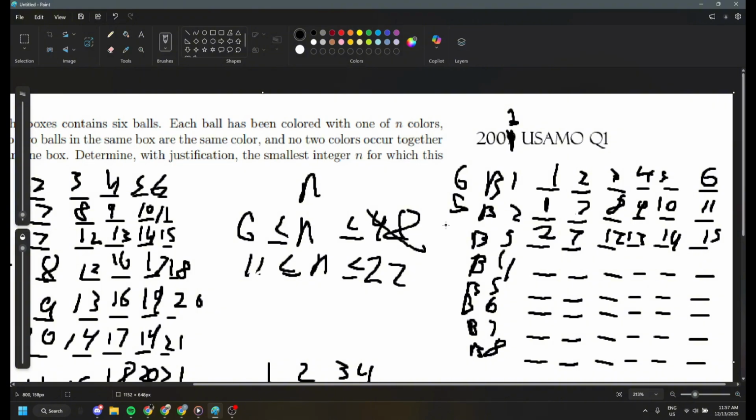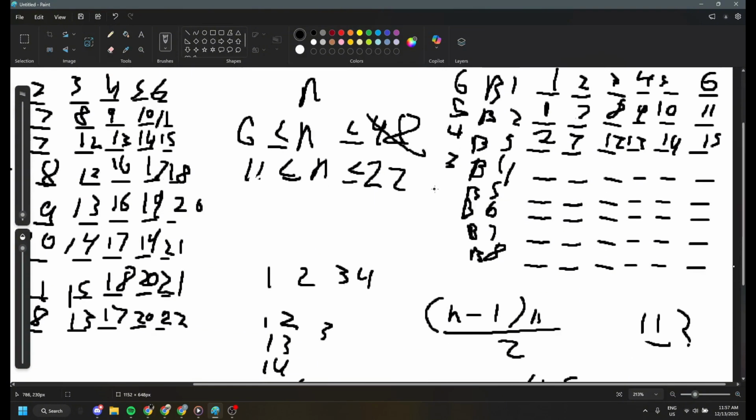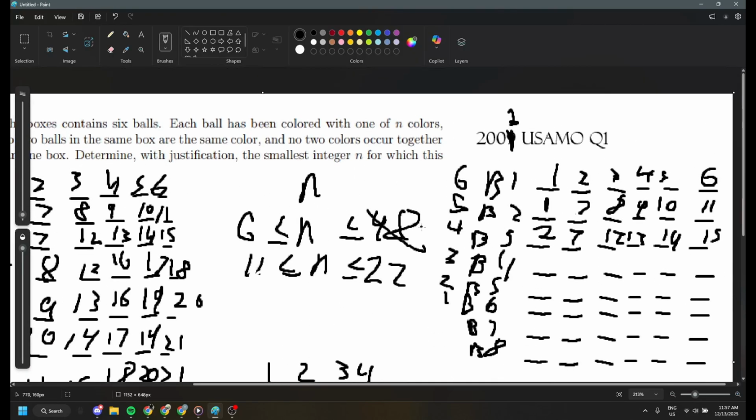This one, since we can choose 2, we need 4 numbers. 3 numbers, 2 numbers, 1 new number, because all the numbers have to be unique, right? No 2 balls in the same box are the same color. Yeah. So we have to have at least 11, 15, 18, 20, 21.